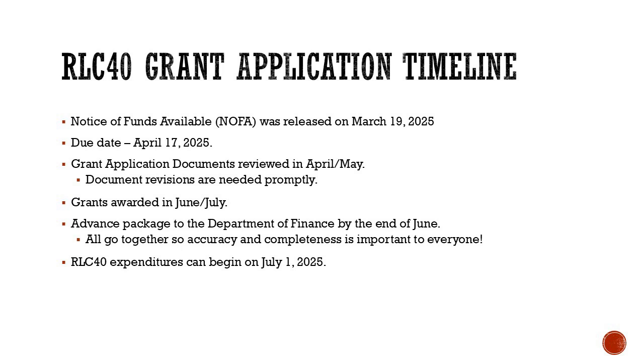Depends on how soon we get through APA reviews and approve the advance package and all that. If we can get it to the public meeting in June, we will. If not, it'll go in July. But that won't impact when you can start incurring expenses for RLC40 in any case. So you'll still be able to begin incurring expenses on July 1st, 2025.